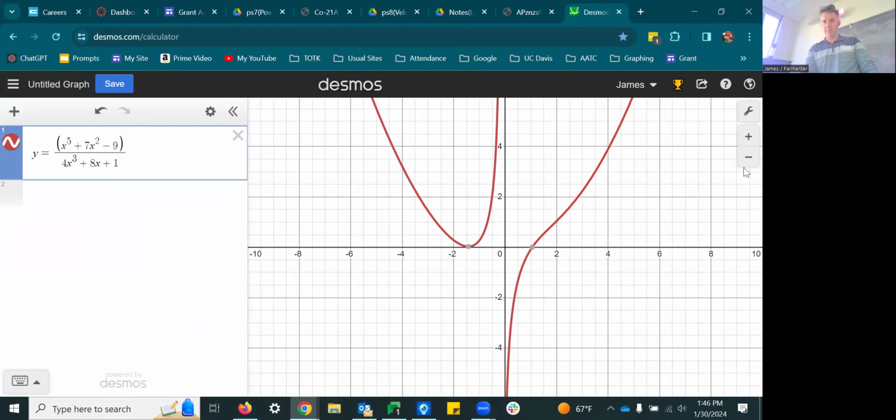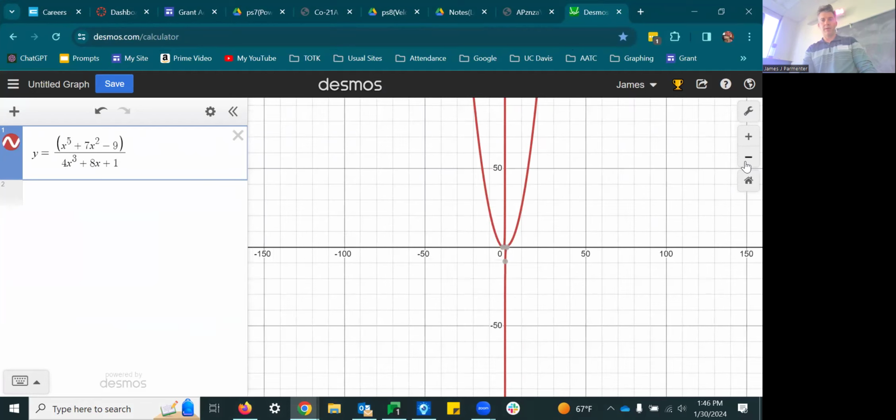Let me zoom out. Yeah, right? Weird stuff happens in the middle. There's a vertical asymptote. But then at the end, it actually looks parabolic. And that's not a coincidence, because if you actually divide x to the fifth by x cubed, you get x squared. In fact, I can show you this graph has a parabolic asymptote.